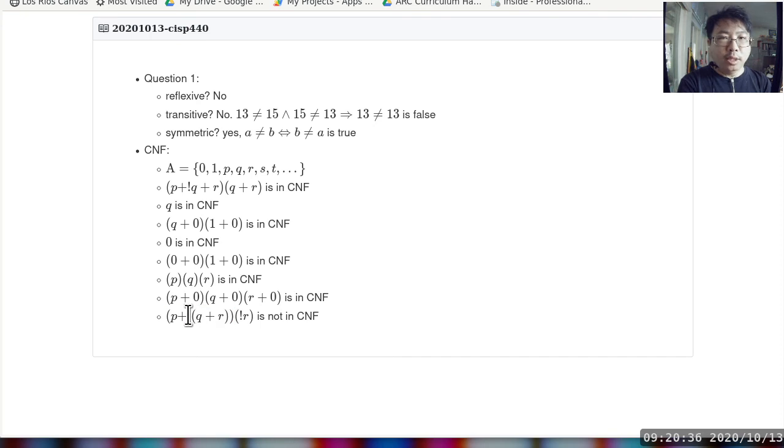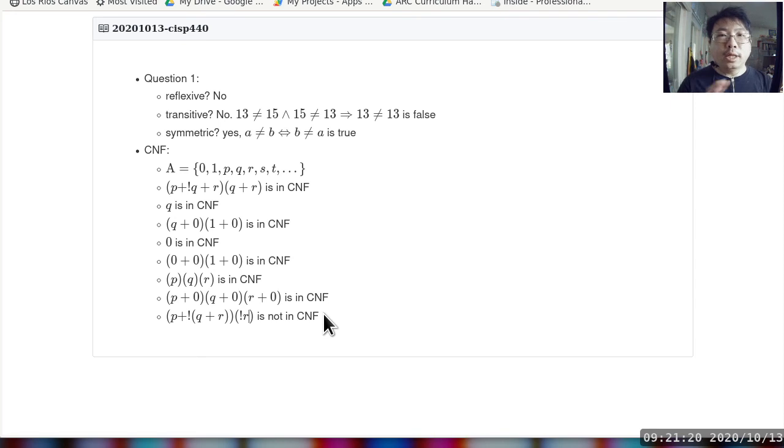But the problem is this negation can only be applied to a single element in alpha. In this case, it is applied to an expression. Even though this expression has a disjunction in it, it's not good. This is no good, because this negation can only be applied to a single thing in alpha. And when you look at what it's applied to, this portion here is definitely not something that you find in alpha, because alpha has Q as an element, alpha has R as an element, but Q or R is not an element in alpha. So this is not a conjunctive normal form.